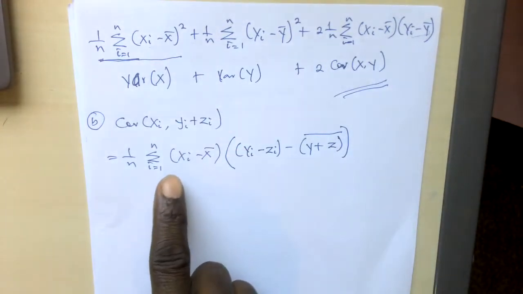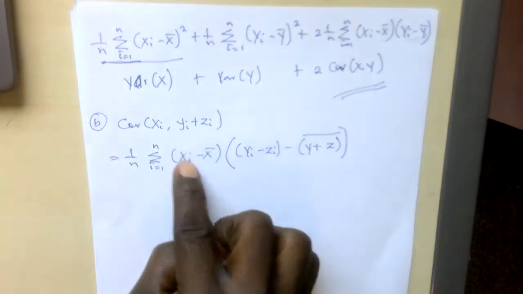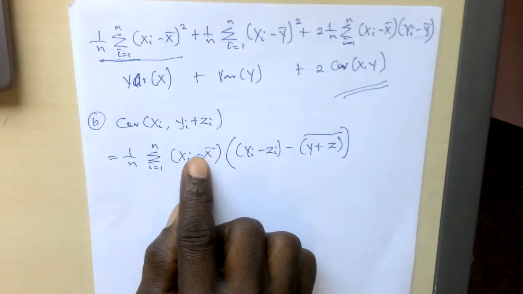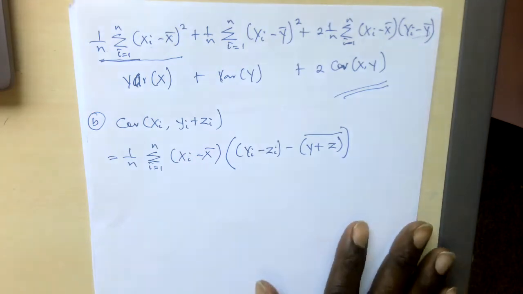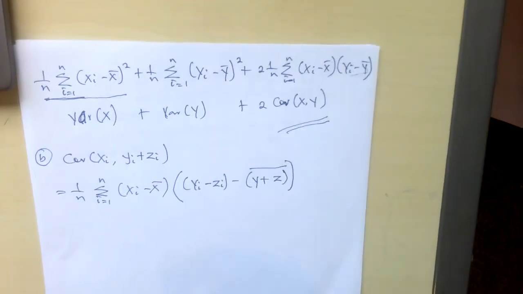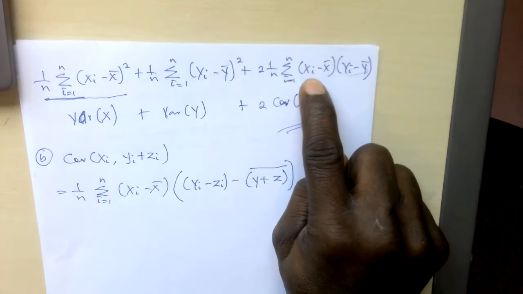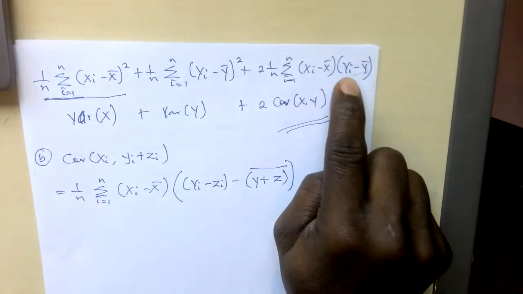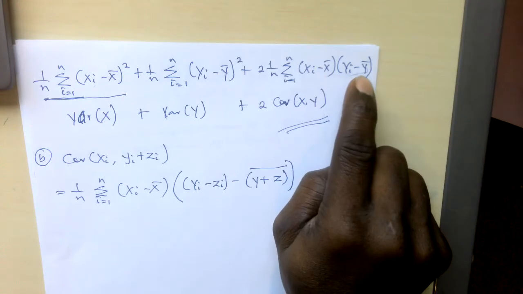What we have here is just like this. It's going to be something like xi minus x bar, yi minus y bar, if what we have is just the covariance of x and y.